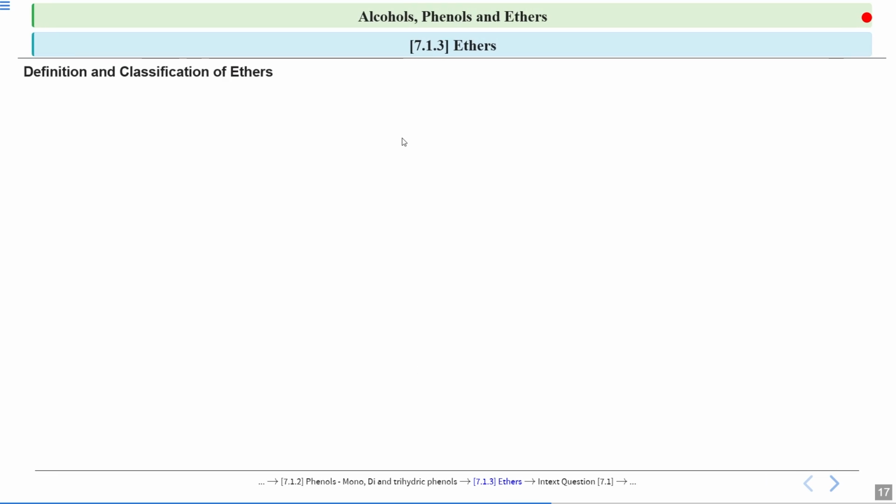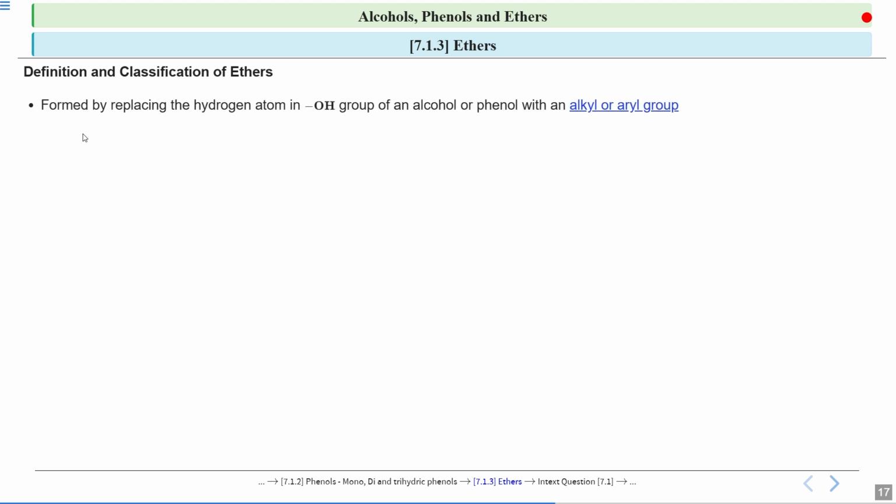Okay, now let's talk about another topic of this chapter, that is ethers, section 7.1.3. Let's talk about its definition and classification. Ethers are formed by replacing the hydrogen atom in the hydroxyl group of an alcohol or phenol with an alkyl or aryl group.